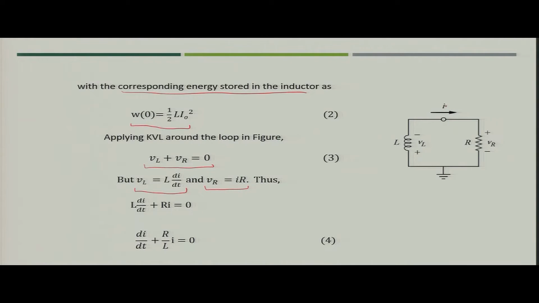So, we can write L di by dt plus R into i equal to 0, or di by dt plus R by L into i equal to 0, taking L in the denominator.